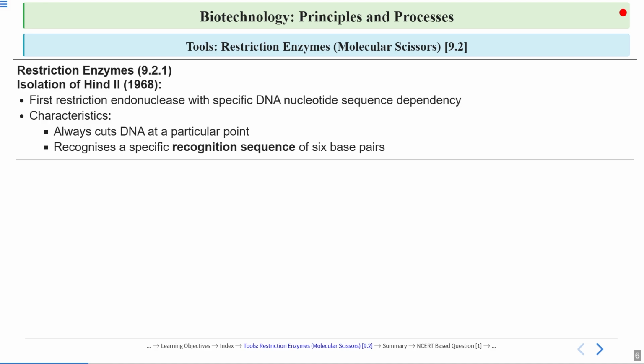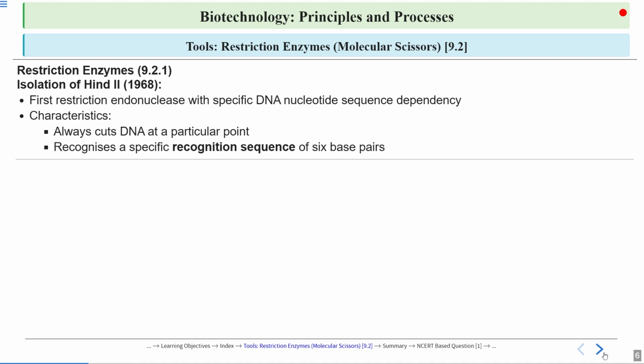First, it always cuts DNA at a particular point. They cut the DNA at a very specific point, and they found that these restriction endonucleases recognize a specific recognition sequence made up of 6 nucleotides, and that region is where they cut the DNA.